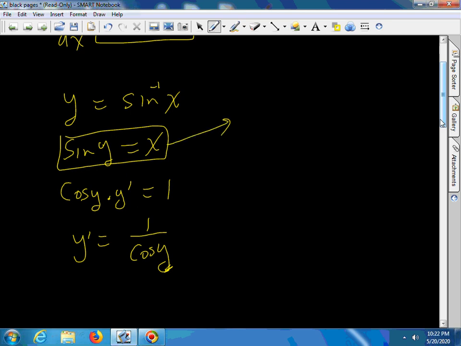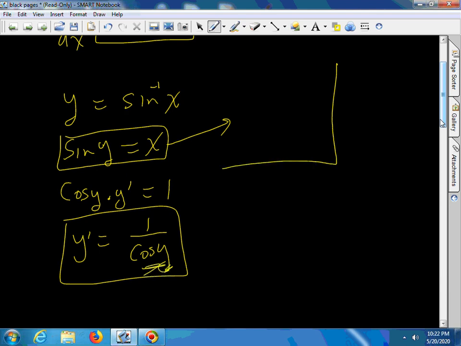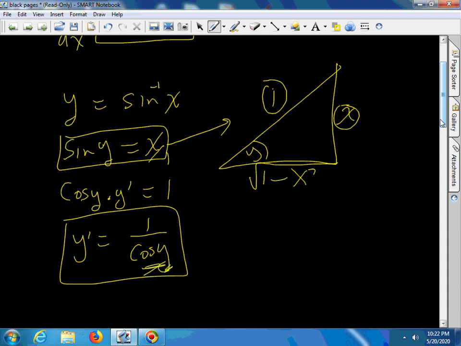And just for the record, the calculus is over. Writing cosine of y using x's is going to come from this diagram. We know that the sine of y, that x is the same as x over 1. We know that the sine of y is the opposite over the hypotenuse, which means that this side must be that squared minus that squared.